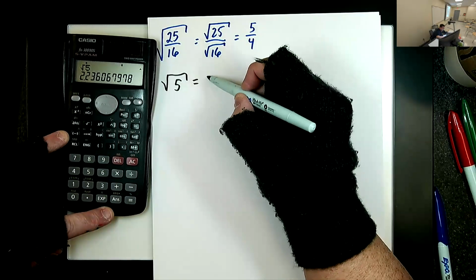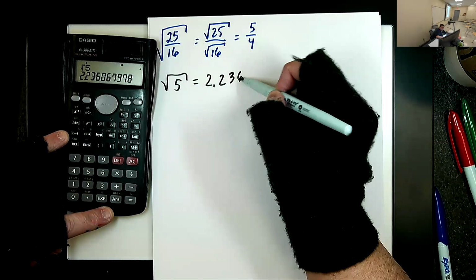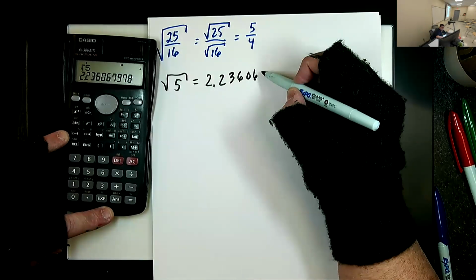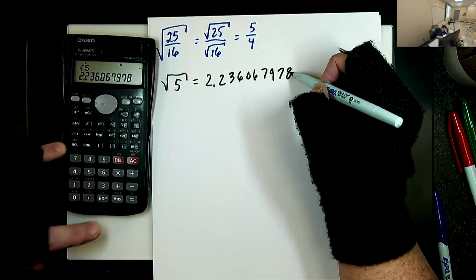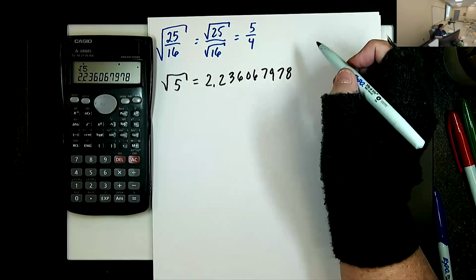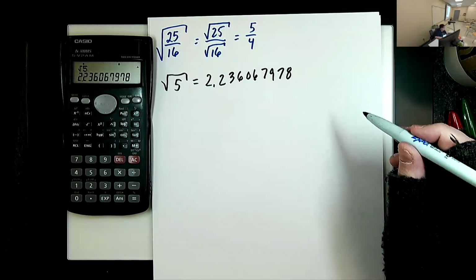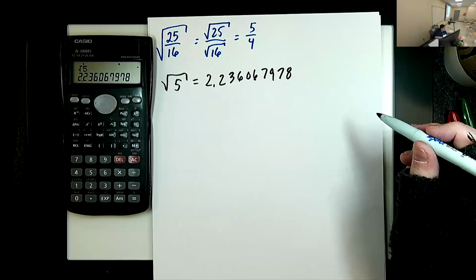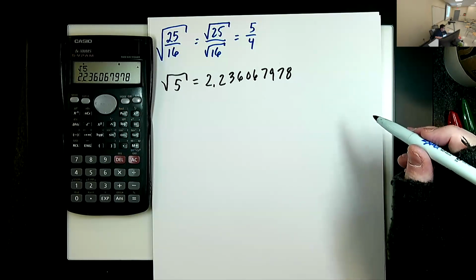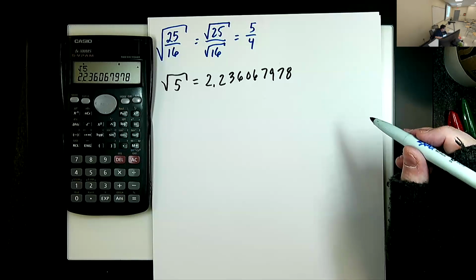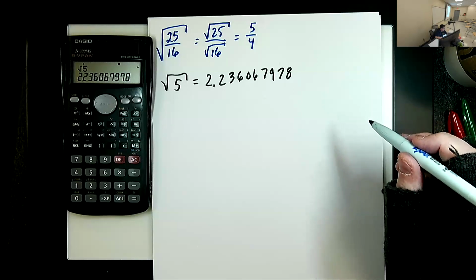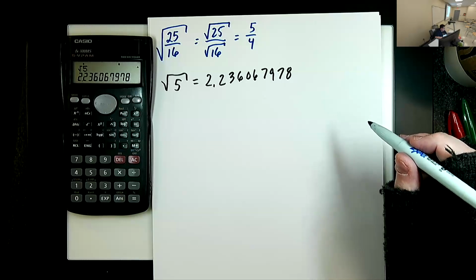This is 2.236067978. I recommend when you're doing this, write down more than you need from your calculator, and then round later on at the end. Use these numbers until you're rounding at the end.